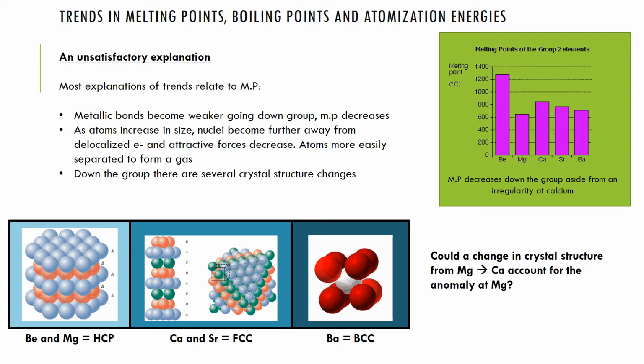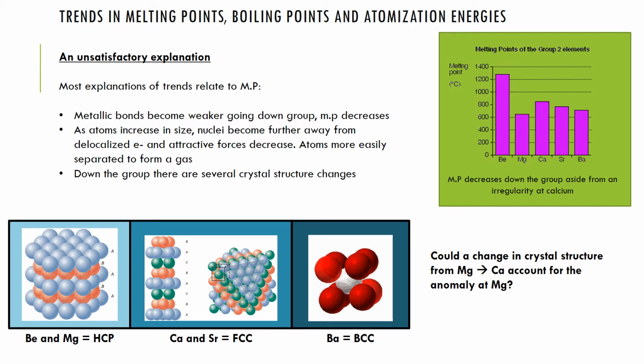Now, we know that there's no simple decrease in melting point as you go down the group because we've got this irregularity. So what's going on? Well, one explanation is that there is a crystal structure change as you go down the group. Beryllium and magnesium tend to adopt a hexagonally close packed structure.